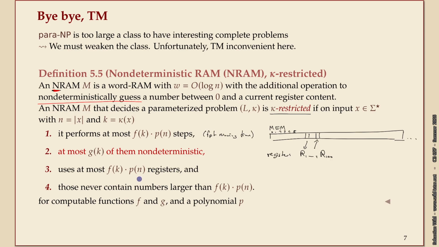Also the space, I mean here, okay, memory cells, I would really want to say. The space usage is kind of following from the time. You don't even have time to touch more than this. But it's maybe less obvious than in the Turing machine. We also put a bound on the numbers in the memory cells. So in a way, you could control this via W, but it's more convenient to directly just say the numbers that we have are bounded in terms of the parameters.